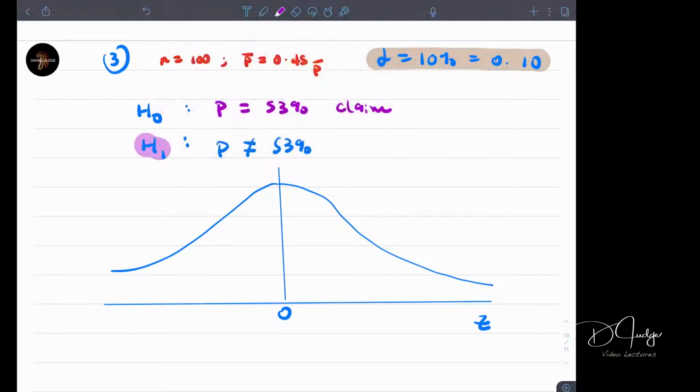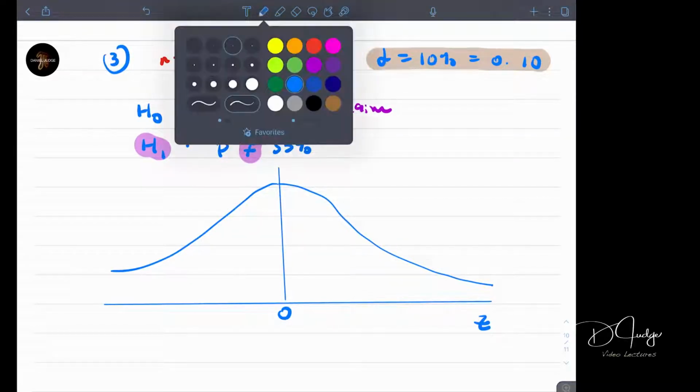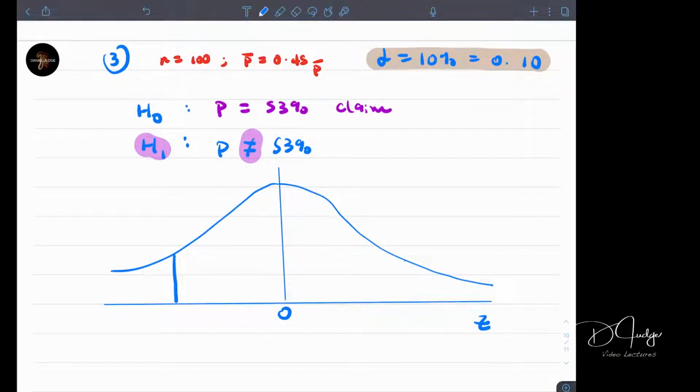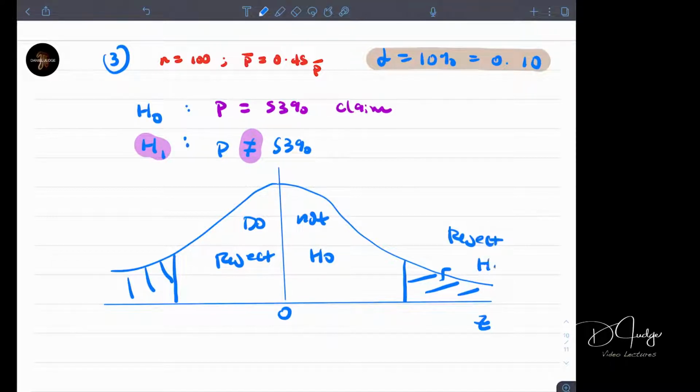Okay. H1, you always look at the alternate hypothesis. Since it's not equal, this is a two-tailed test. Not equal. Do not reject the null, and over here you reject the null.